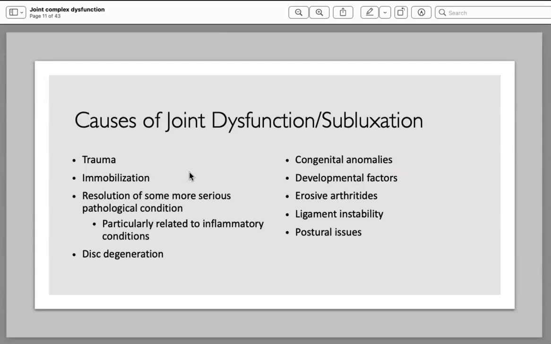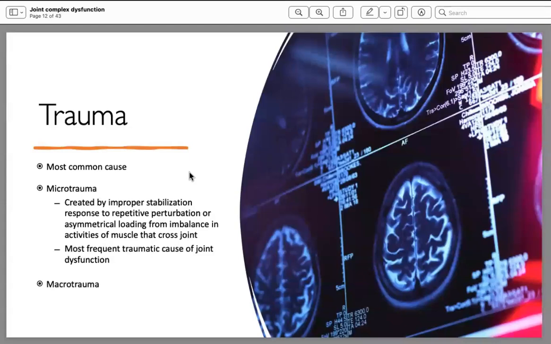We can have elements of trauma, immobilization, maybe a resolution from some sort of serious pathological condition or injury that was occurring, usually some sort of inflammatory condition, disc degeneration overall, different types of congenital abnormalities, delays in development, so developmental factors, erosive arthritis, different types of autoimmune arthritis, instability when it comes to ligamentous structures, and overall postural syndromes or quote unquote issues. Postural syndromes.